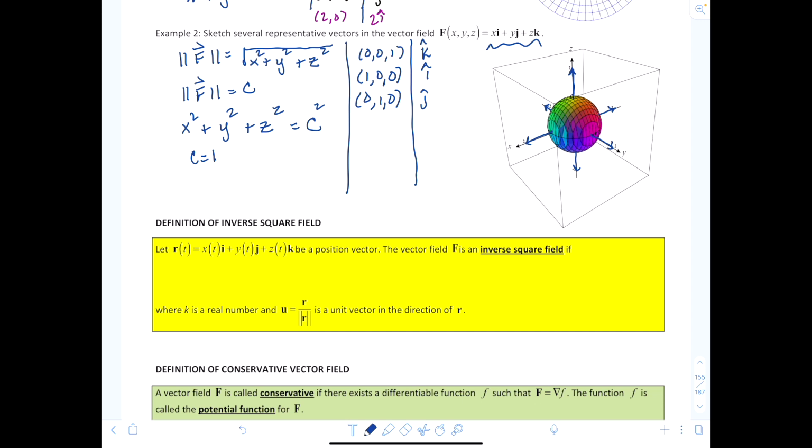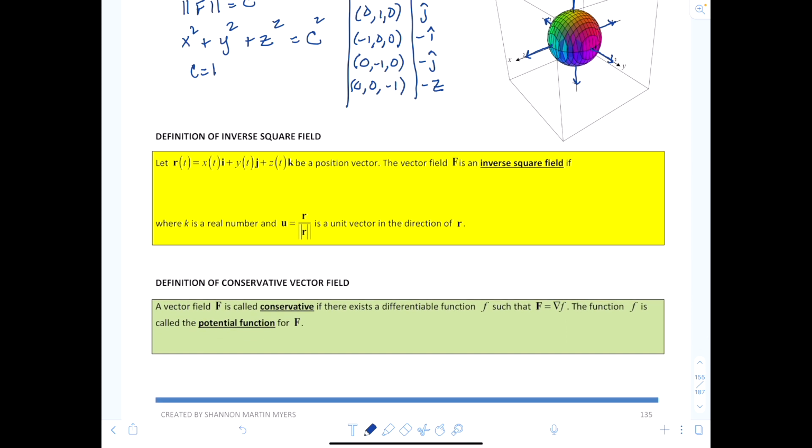And if you had -1, 0, 0, you'd be at -i. And if you were at 0, -1, 0, you'd be at -j. And 0, 0, -1, you'd be at -k. So those are the ones I drew. Groovy?